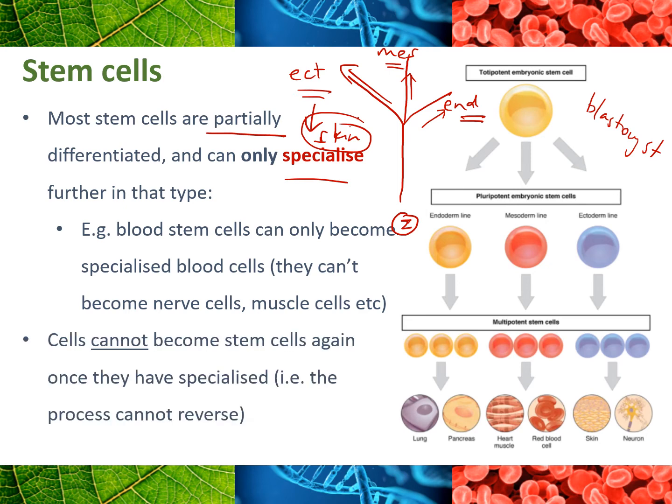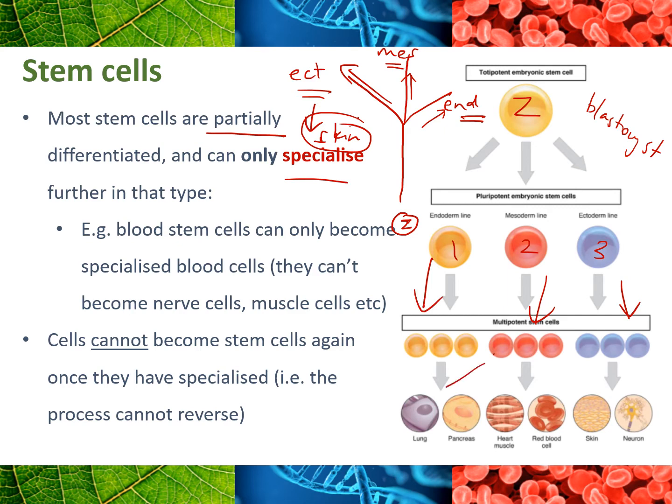Okay, I guess the opposite to that is that a cell, let's say, so this is the zygote, then down here we've got our three germ layers, and you'll see the colors here. So these cells only become more specialized ectoderm, these become more specialized mesoderm, these become more specialized endoderm.